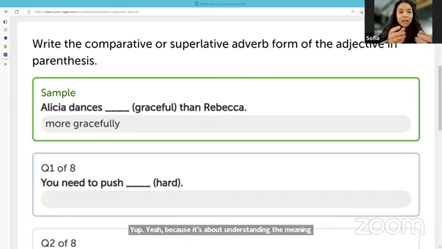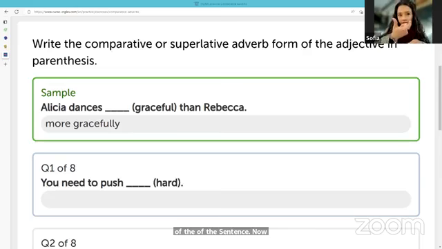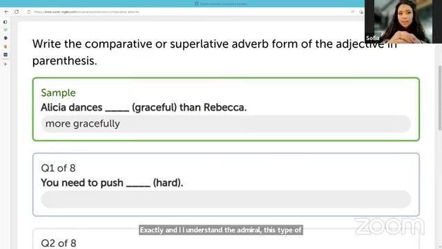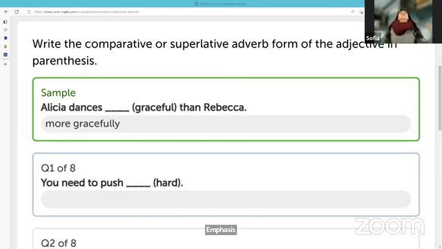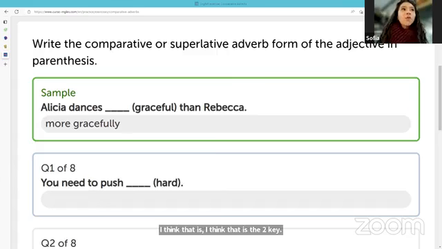Exactly, and I understand the adverbs of emphasis. I think that is the tricky one because they change the sentence. I mean, if it is positive or negative.